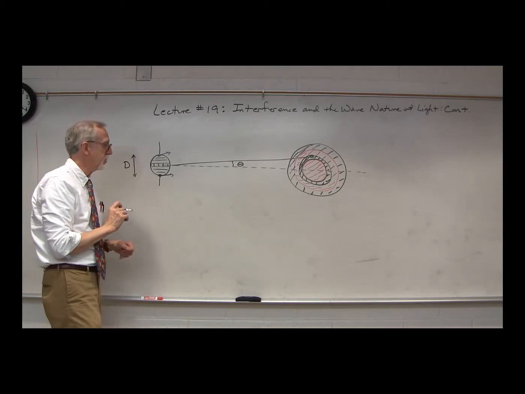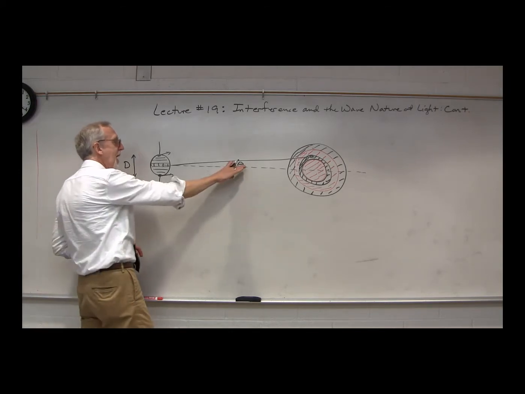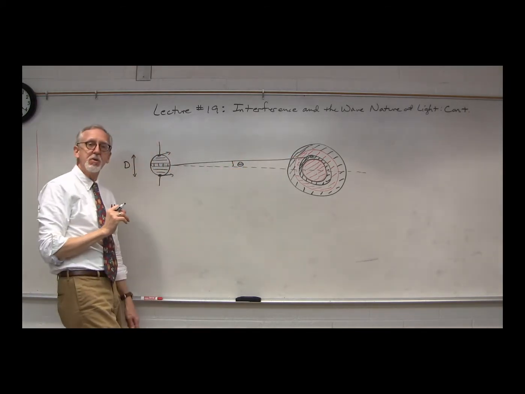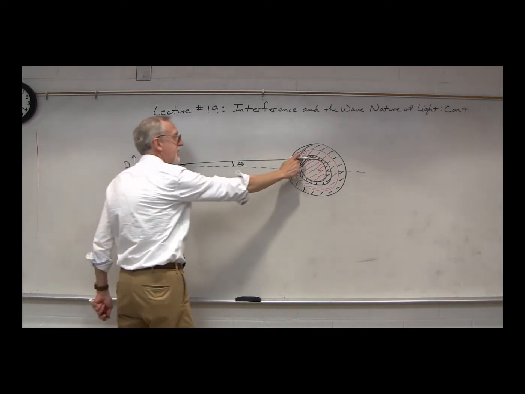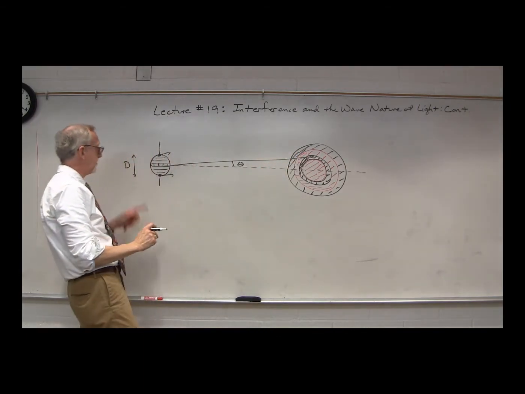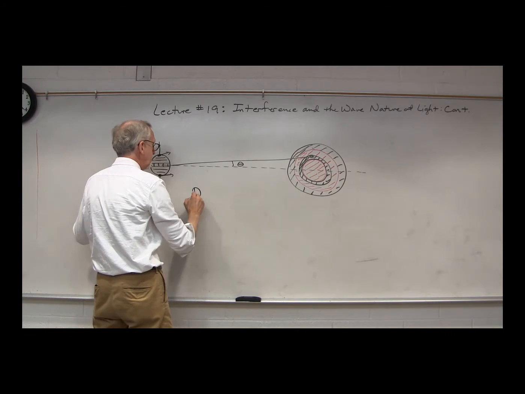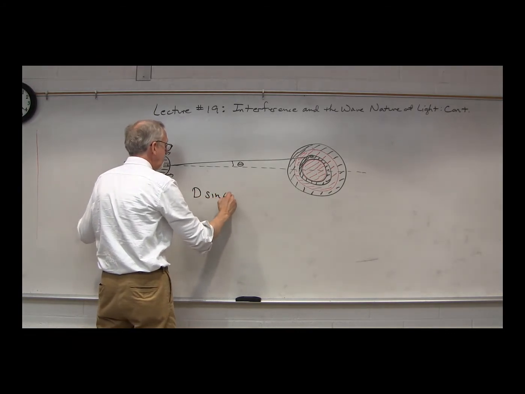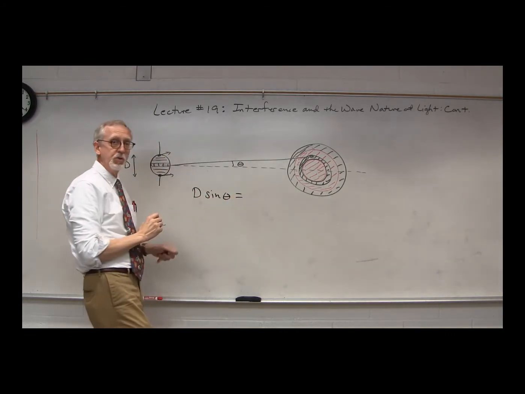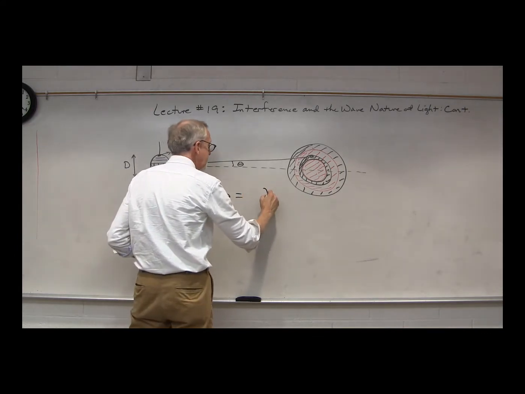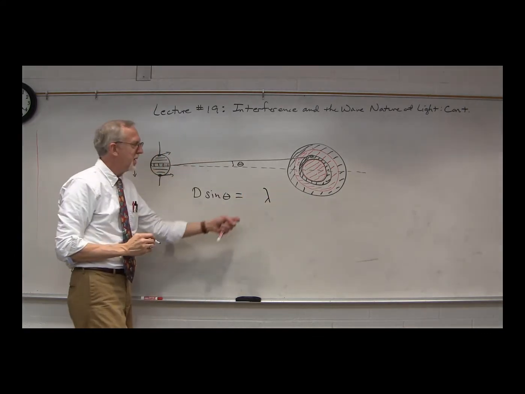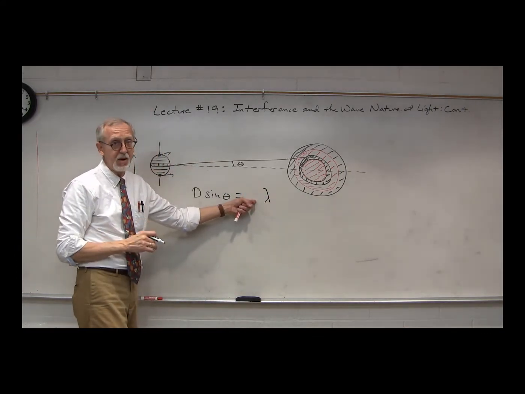So I'm just going to give you the result. It turns out the angle that gives us the location of the center of that first dark fringe is d sine theta equal to something times lambda, but it's that something that's a little bit more complicated.